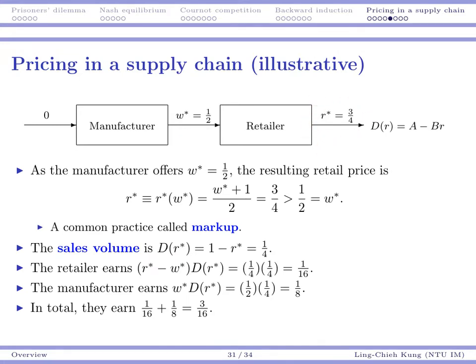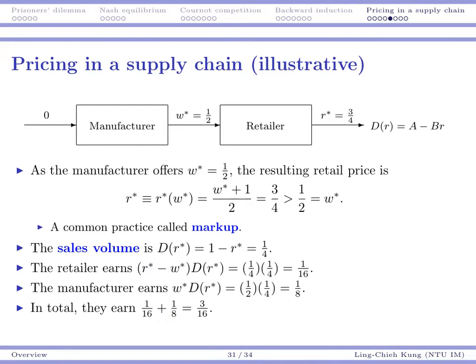This is a common practice called markup. The retailer is going to add a positive margin to the wholesale price, naturally, because the retailer wants to make money. Okay, so the price can only go up when you have more layers in your supply chain. And then the sales volume, the retailer's and manufacturer's profit can all be calculated according to the formula or the model we use.